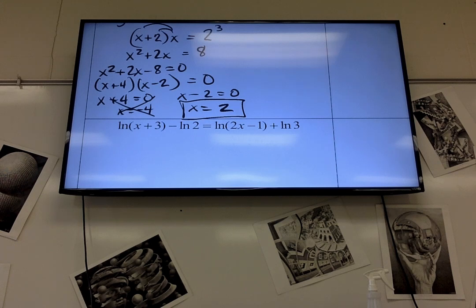Oh, those two should be divided. Oh, because it's subtraction. Yep, that's right. You should divide it by the 11 because you're trying to get the x by itself. But yes, you were doing it right.